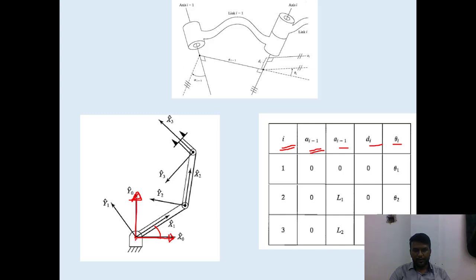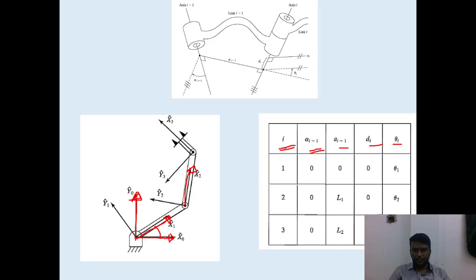The next is x1, y1, the second coordinate system, in alignment with link number 1. x1 will be in alignment with link number 1, and y1 will be perpendicular to x1. Then x2, y2 in alignment with link number 2. Again x3, y3 at the joint number 3.